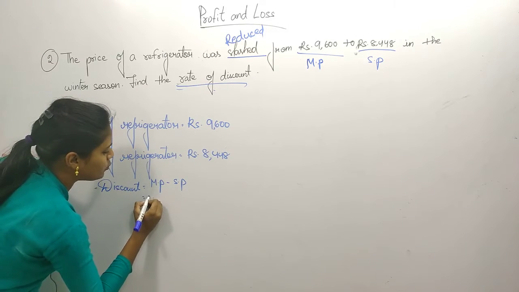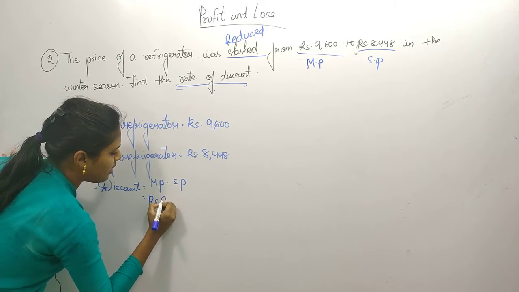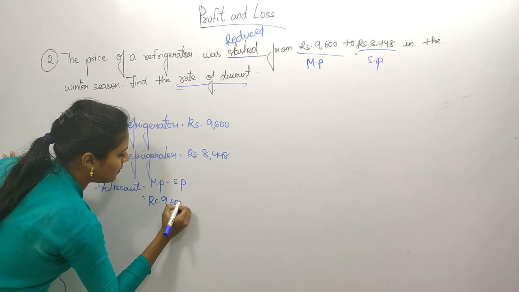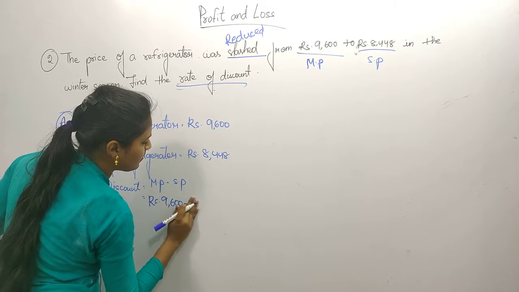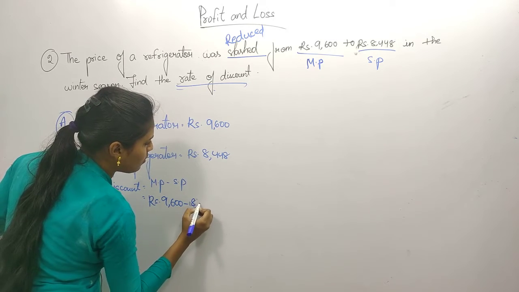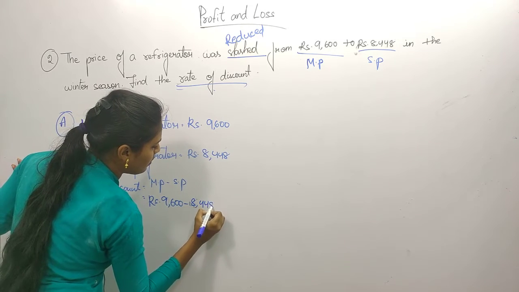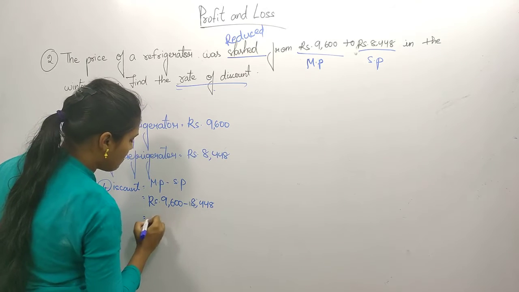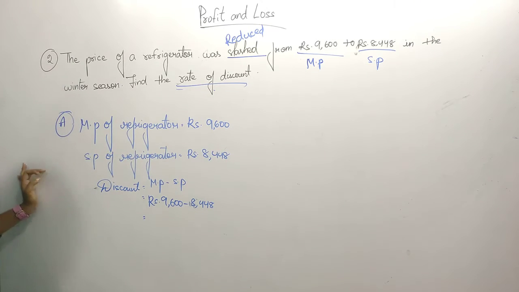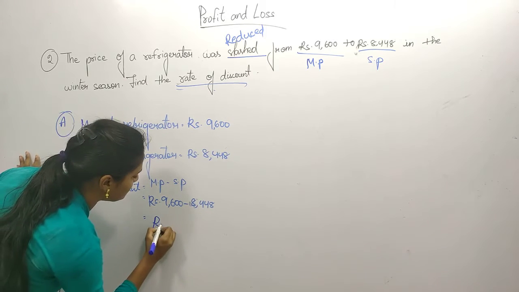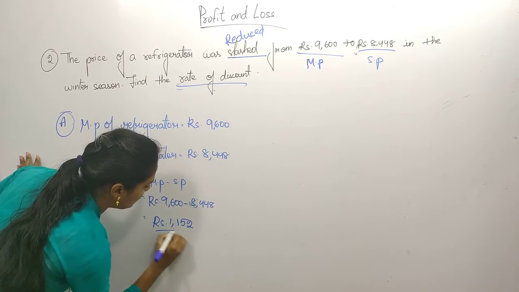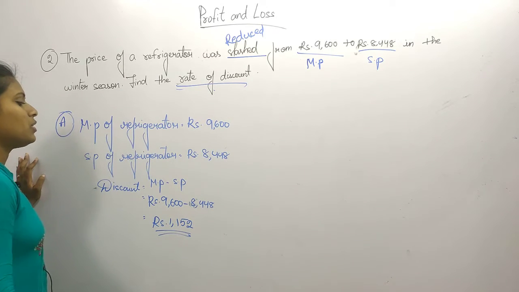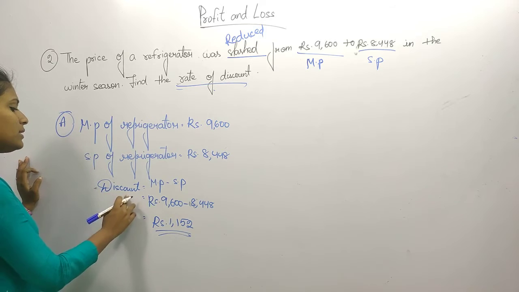Means 9600 minus 8448 rupees. After doing the subtraction of these both, what answer will we get? 1152 rupees is reduced. Now finally we have found the discount.